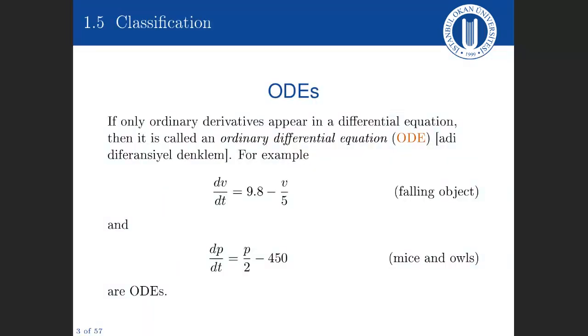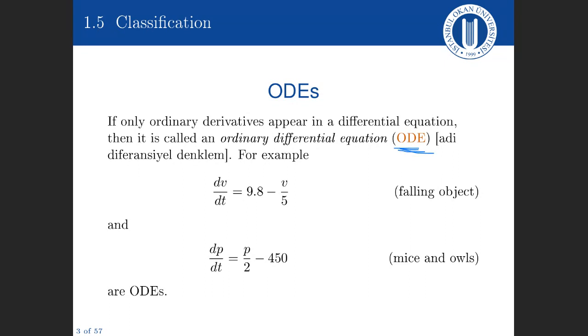If we have a differential equation which only includes ordinary derivatives, then it's called an ordinary differential equation. On these slides, I'm going to be abbreviating ordinary differential equation by ODE a lot.